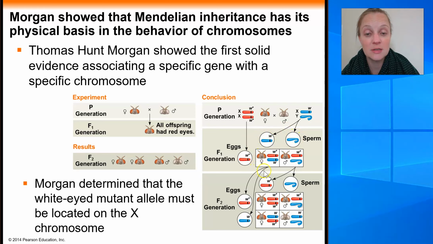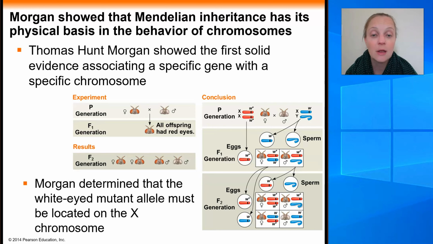When you do your crosses, you have your females having the 2 X chromosomes, and these would be red-eyed because they have that one dominant red-eyed allele. When you do this cross here, you get the Y chromosome from the dad, the X chromosome from the mom, and all of these male flies now also are going to be red-eyed because they get the red-eyed allele on their X chromosome from the female.